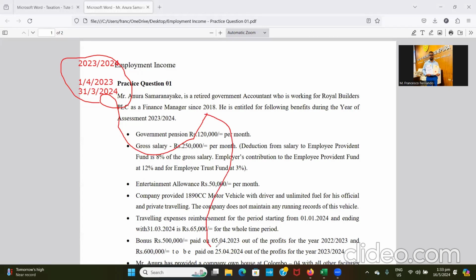Now see the dates, 5th April 2023 and 25th April 2024. Is the first one included in this period? My first question. And my second question, is the second one included under this period?